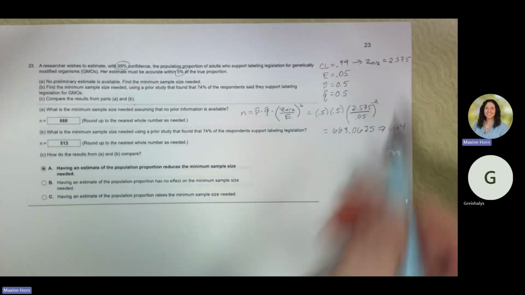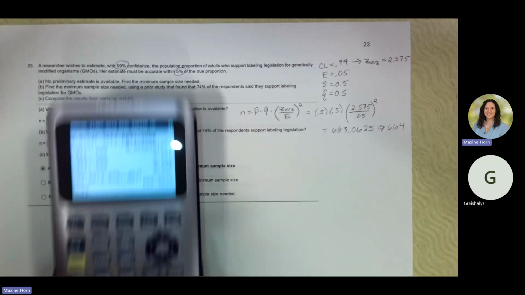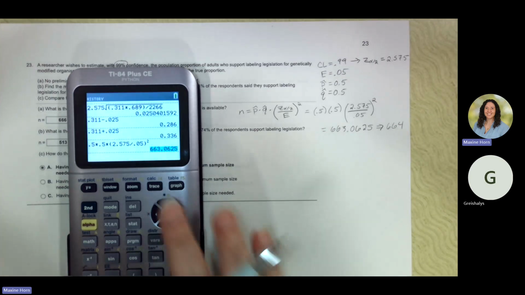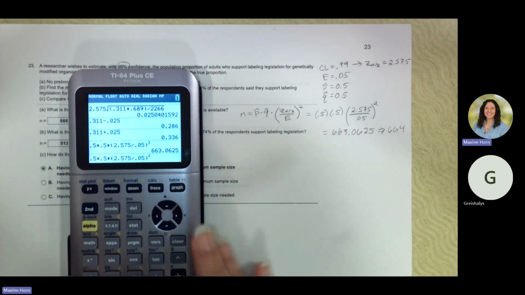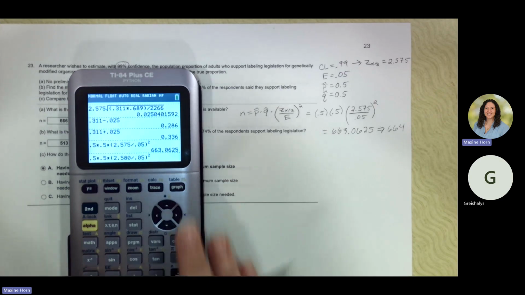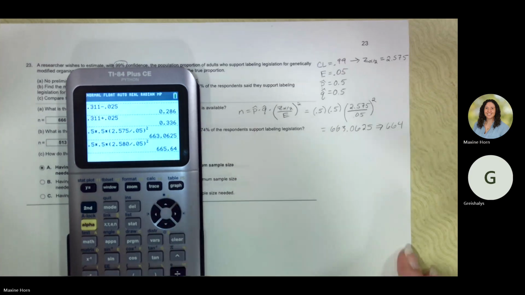All right, let me see if we only go to 2 decimals here. Let's see if that gets us the number that they're looking for. So I'm going to take this, copy it, and make this number only go to 2 decimals there. Would that get me it? Yeah.